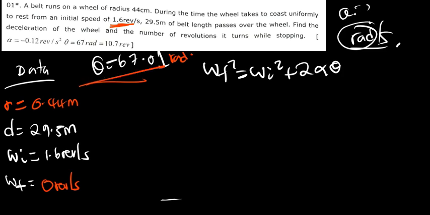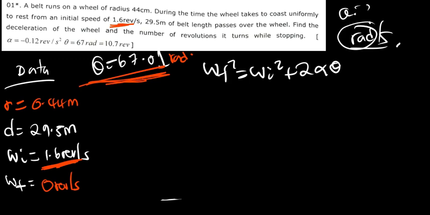It's up to me. If I want my answer to be in rad per second squared, then I'm going to change this one to be in rad per second. If I want my answer to be in revolution per second squared, then I'm supposed to change this one to revolution. You get my point, right?